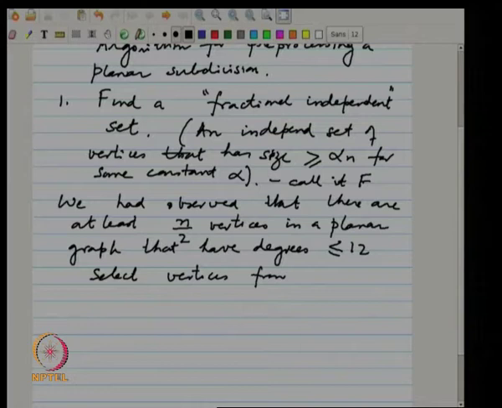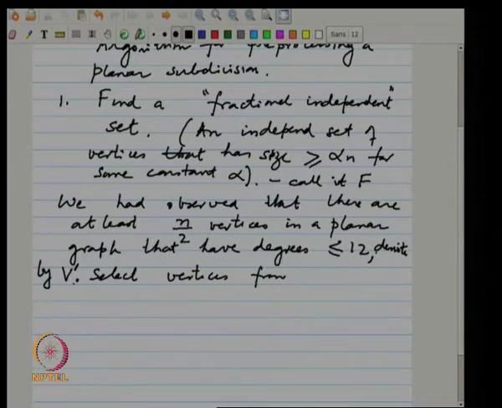We had observed that there are at least n over 2 vertices in a planar graph that have degrees less than or equal to 12, denoted by, let us say, V prime.